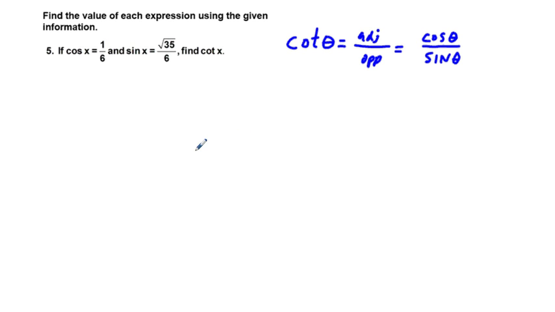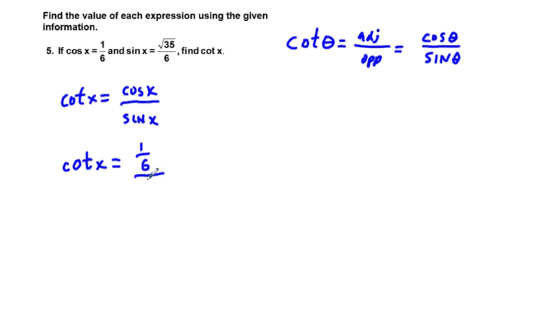So cotangent x is equal to cosine x over sine x, which is 1/6 over square root of 35 over 6.